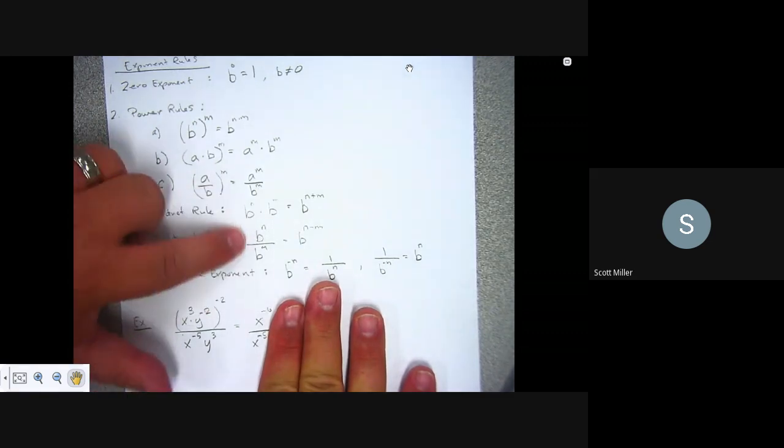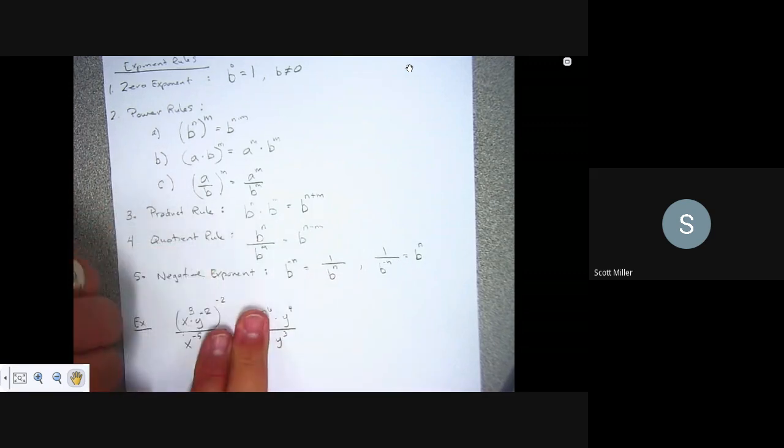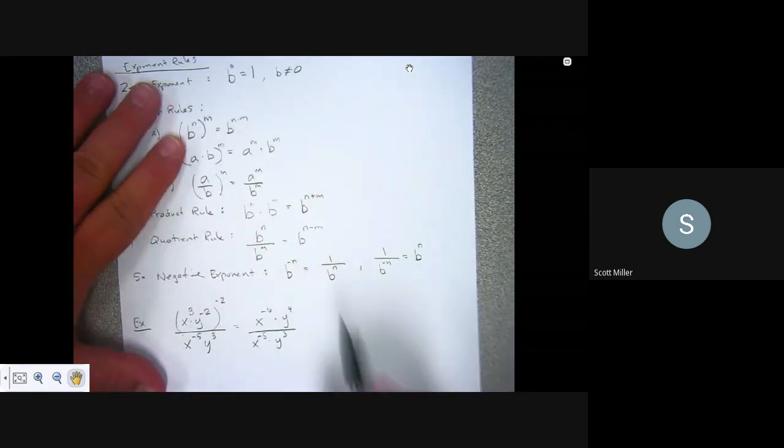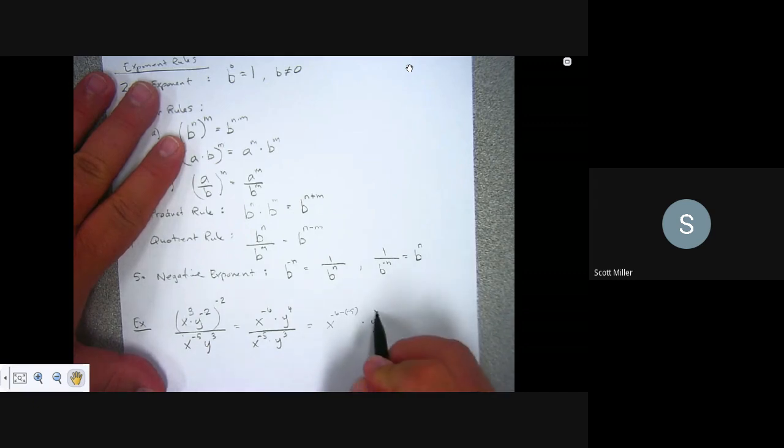So then I can do the quotient rule with the x's, and then I can do the quotient rule with the y's. So this becomes x to the negative 6 minus a negative 5. And I strongly recommend you write it like that to make sure you get your signs right. And this will be y to the 4 minus 3.